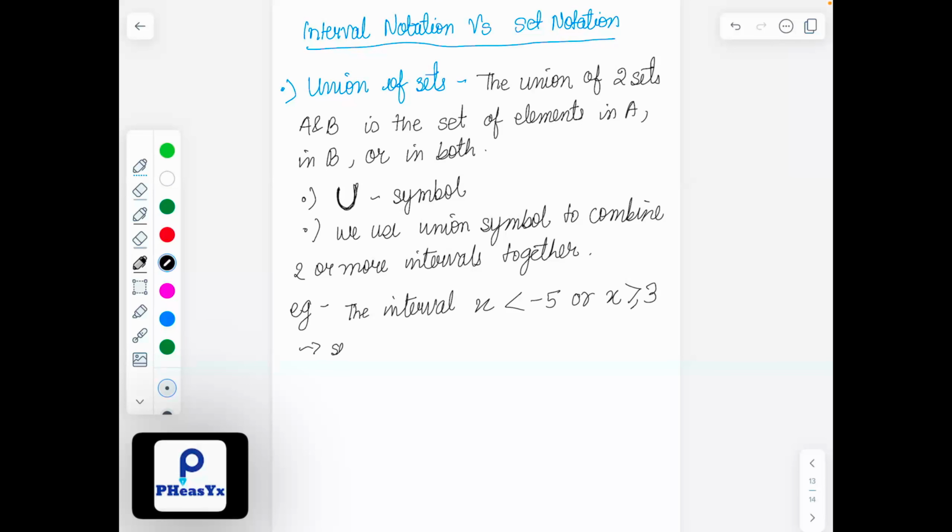This denotes the set of real numbers less than -5 and greater than or equal to 3. Let's understand with a number line.